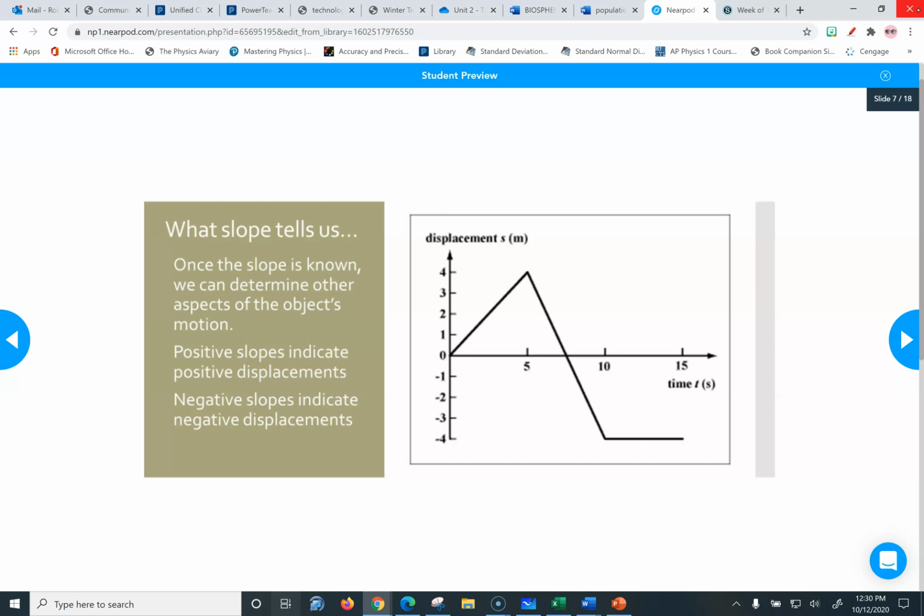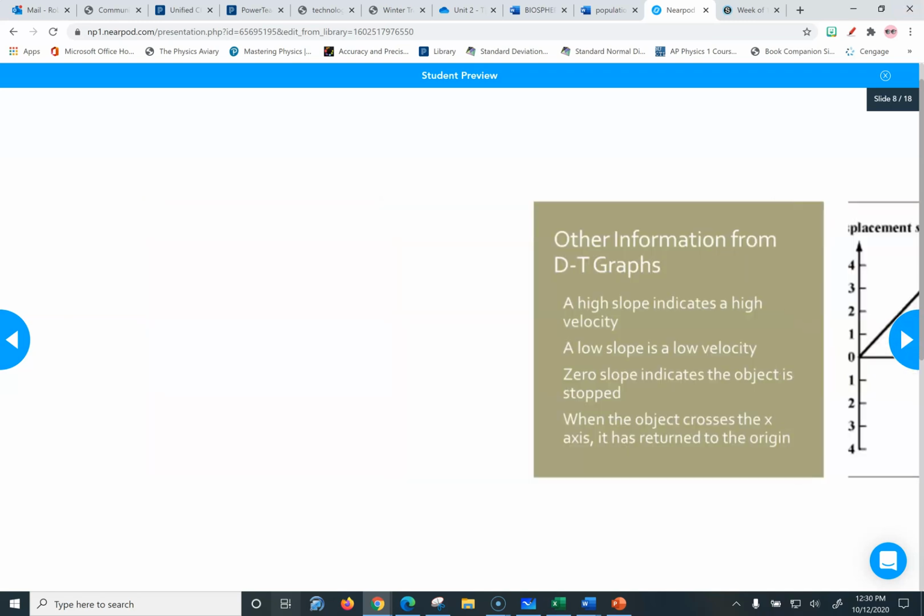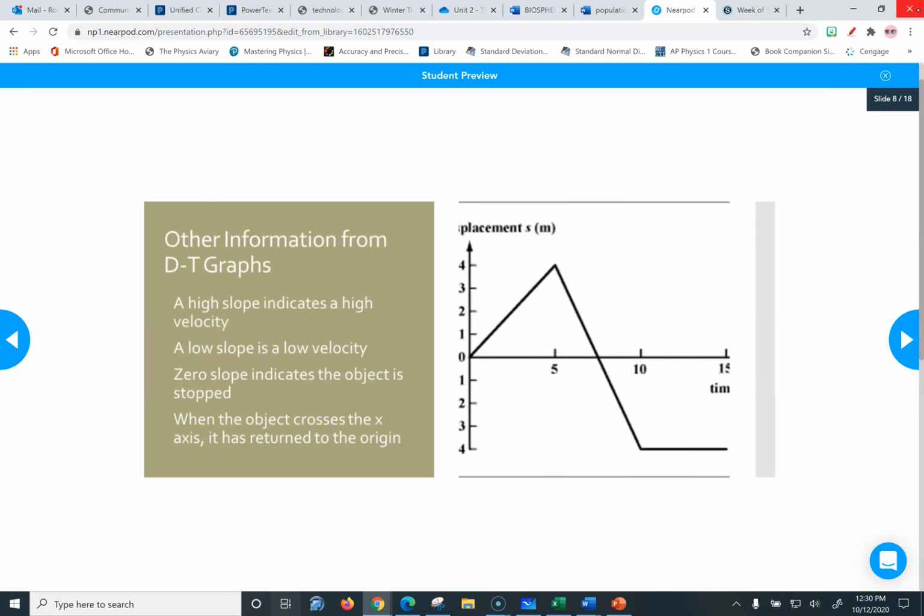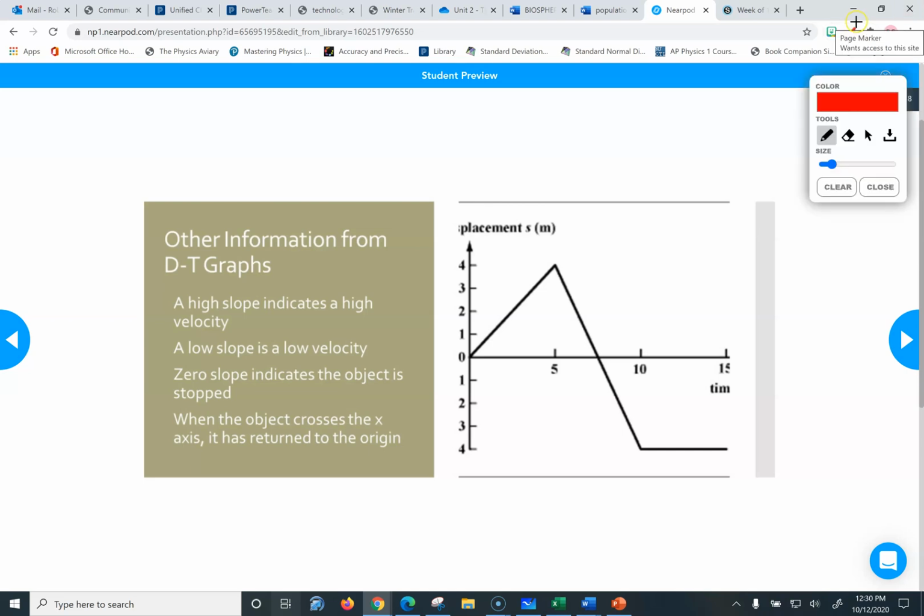Okay, so we're back. Again, on a distance or displacement versus time graph, positive slopes mean positive direction movement, and negative slopes mean they're moving backwards or in the negative direction. Remember, the steepness of the slope is going to give you different values.